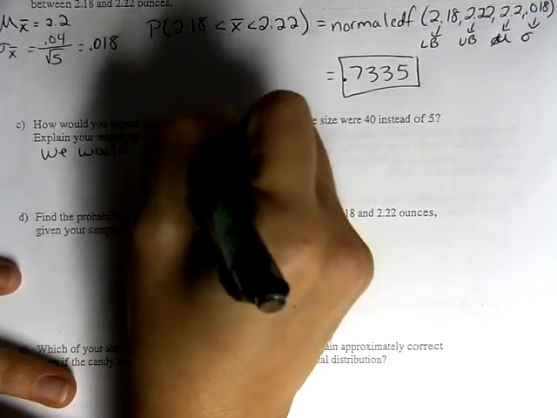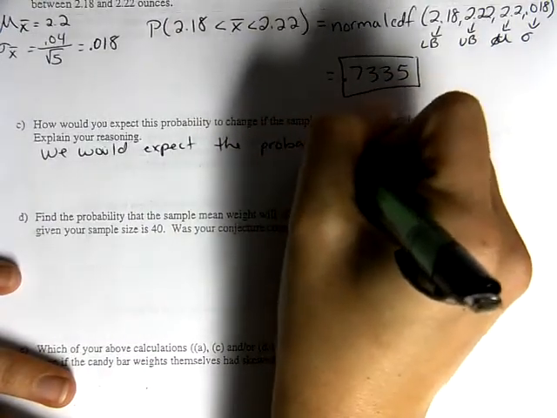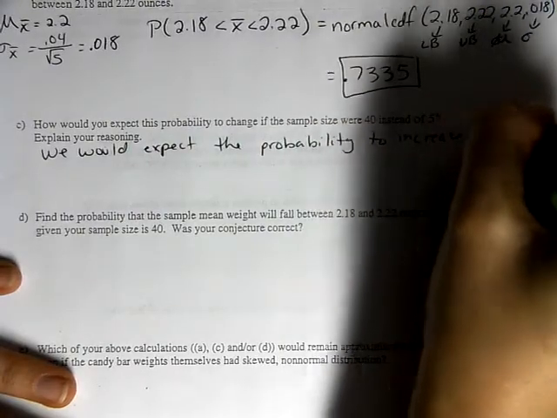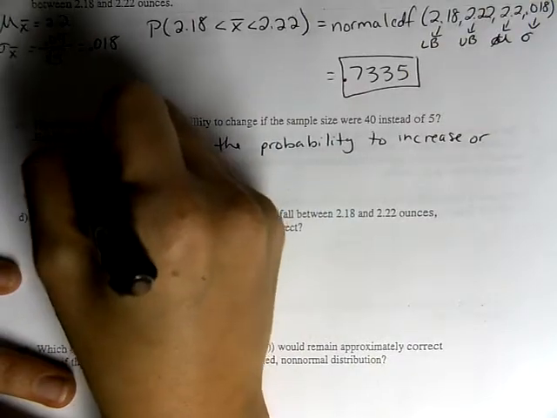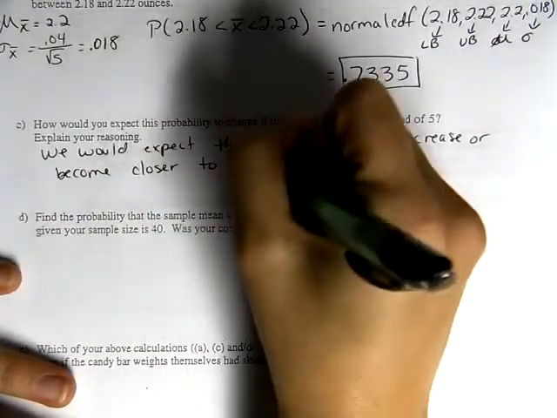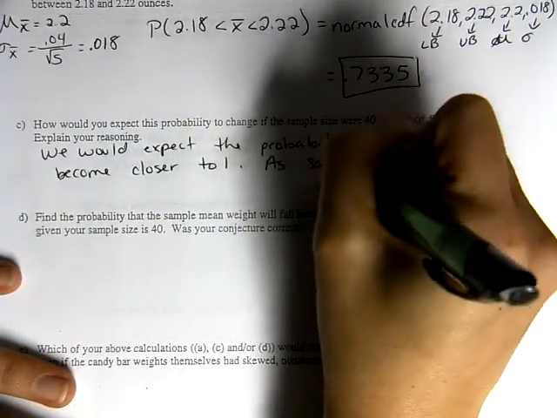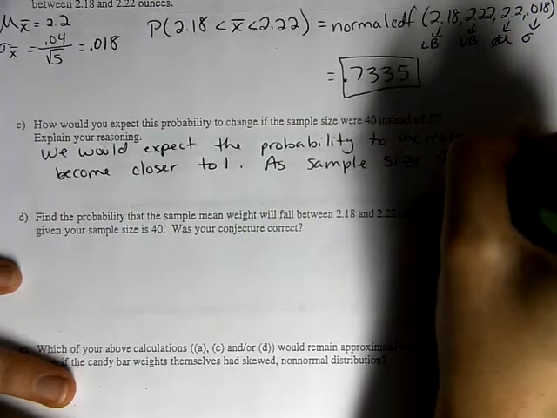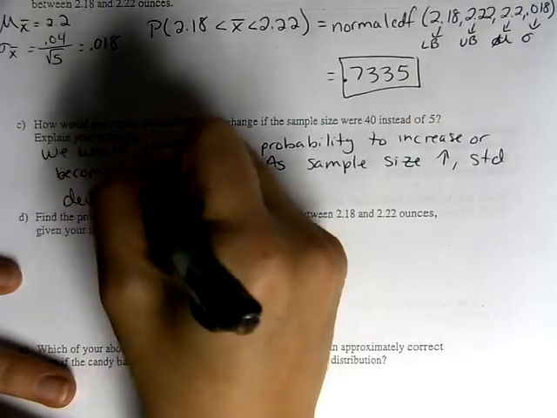So we would expect the probability to increase, or become closer to 1, as sample size increases and standard deviation decreases.